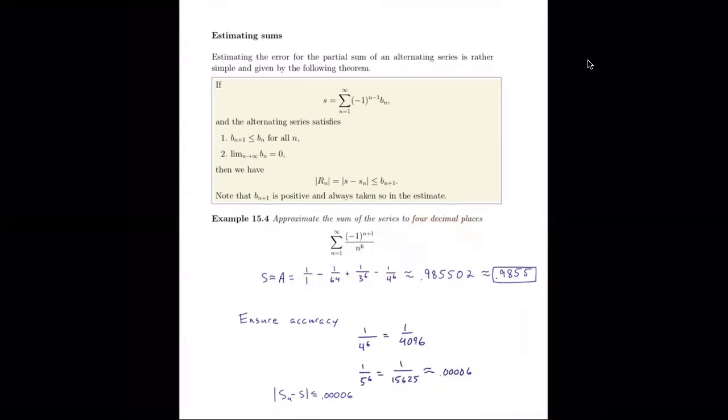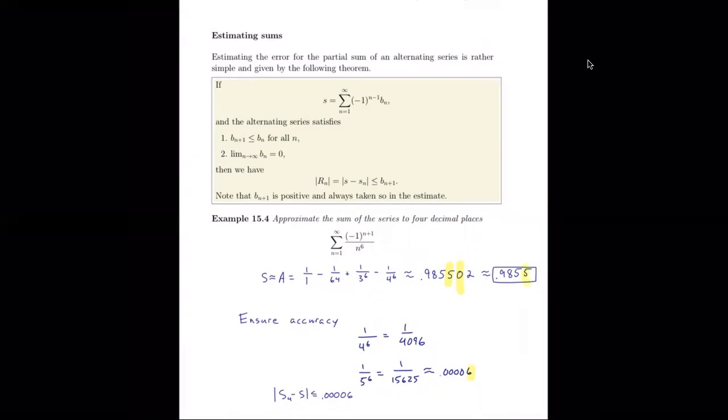The last thing I might want to do is see if I add this 6 to this place right here, will it change what this number is? Well, maybe in rounding it would to some degree. So maybe we would carry it out one step further, and then it would round up to 0.9856.